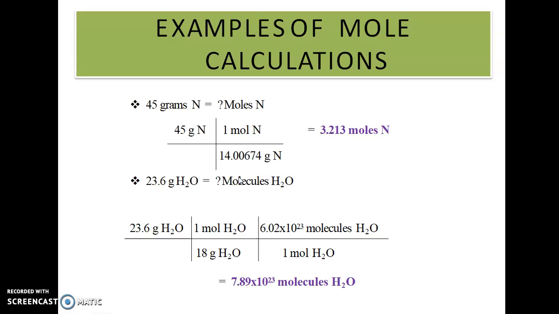Second example: if 23.6 grams of water is there, how many molecules of water are present? You have 23.6 grams of water, but for 1 mole of water, 18 grams of water is there, and for 1 mole of water, 6.02 × 10^23 molecules of water are present.